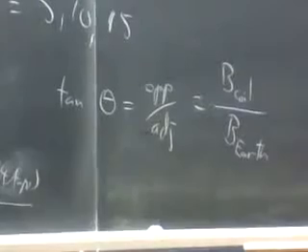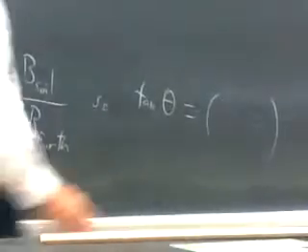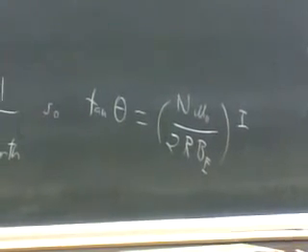So we can say then, we know that the tangent of theta in a right triangle, tangent is always opposite over adjacent. When I look at this triangle, opposite is B coil, and adjacent is B of the Earth.